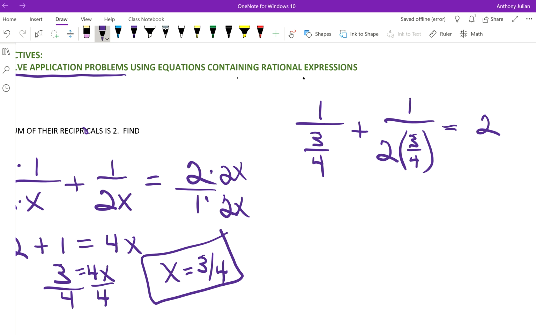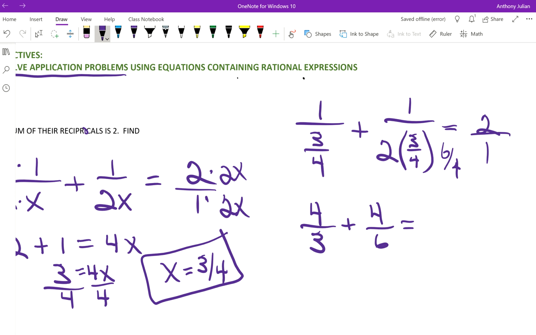Okay, 1 divided by 3 over 4, that's keep, change, flip, so this is going to be 4 over 3. Plus, 2 times 3 is 6, so 6 over 4. Then I keep, change, flip that: 1 divided by 6 over 4 is 4 over 6. And that's going to equal 2 over 1.